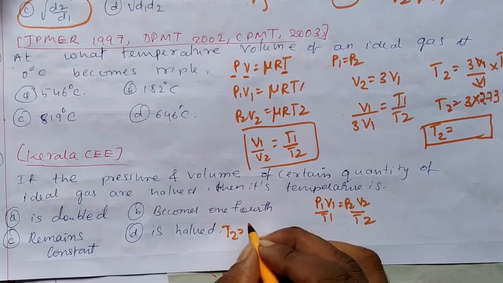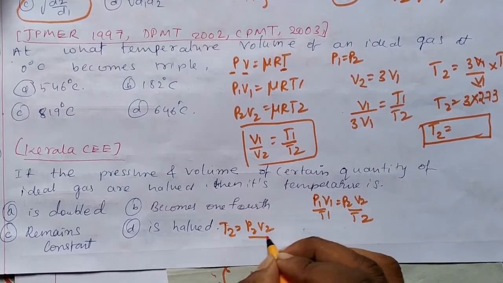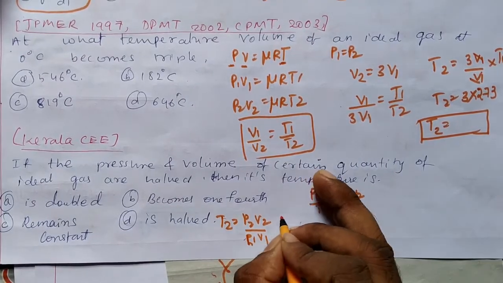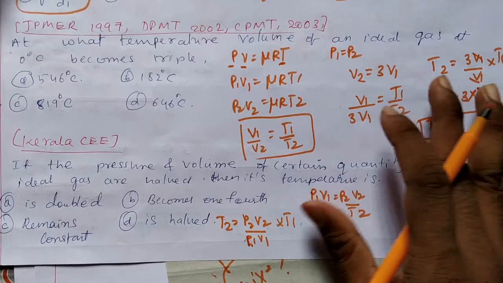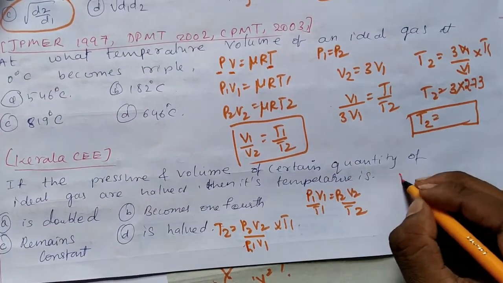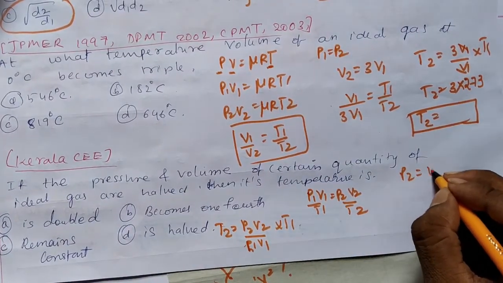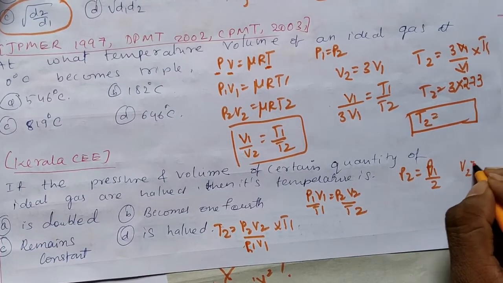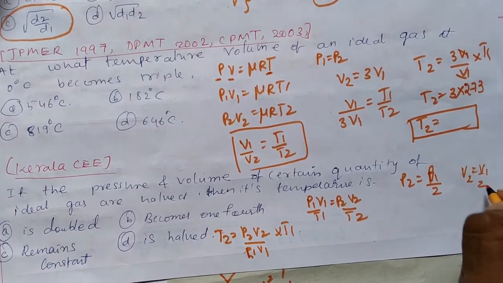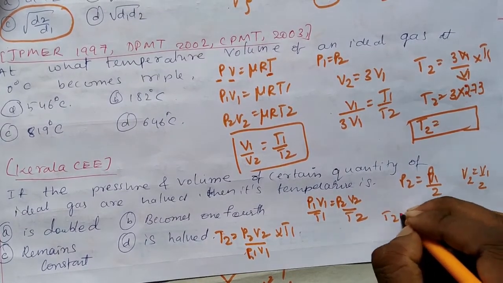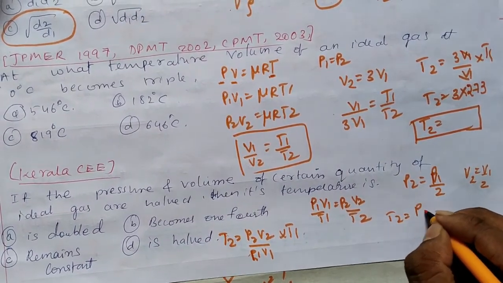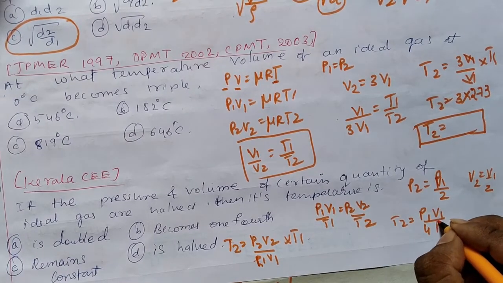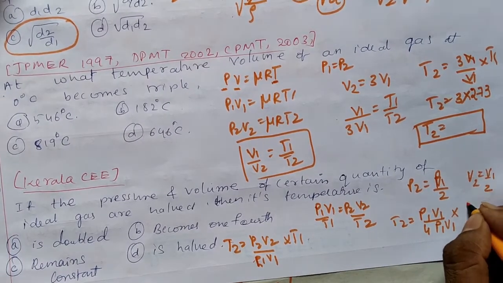T2 is equal to P2 V2 divided by P1 V1 into T1, but P2 and V2 are halved here. That means P2 is equal to P1 by 2, V2 is equal to V1 by 2. So you get T2 is equal to P1 V1 divided by 4 into P1 V1 into T1.